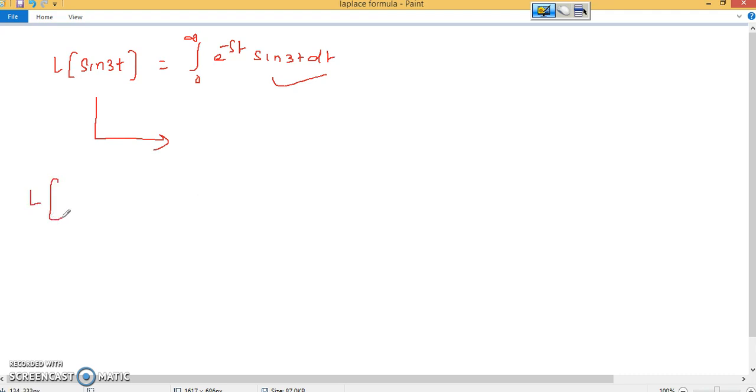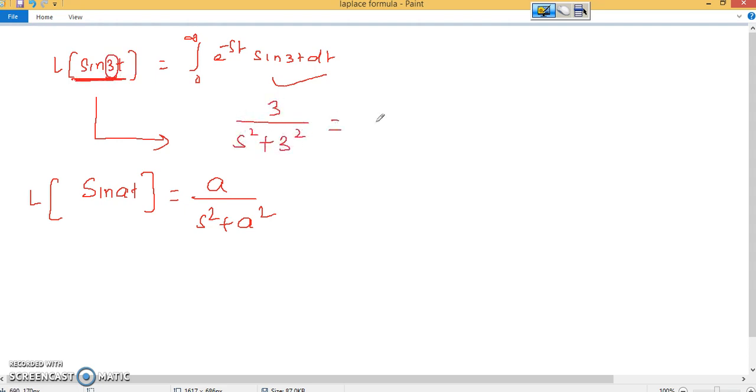We already studied that Laplace of sin of at is a by s square plus a square. Similarly you can apply that here, where a is 3. So you get 3 by s square plus 3 square, which means 3 by s square plus 9.